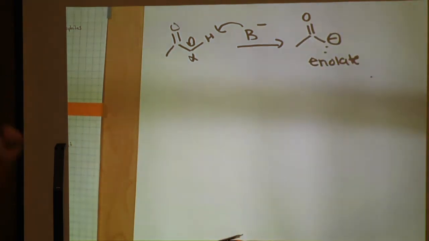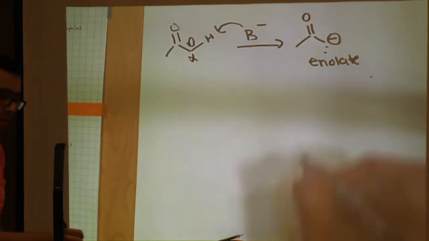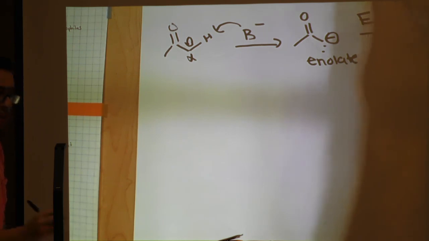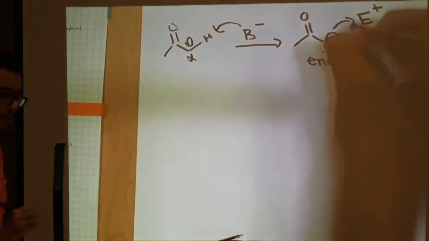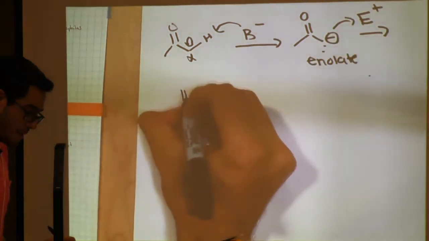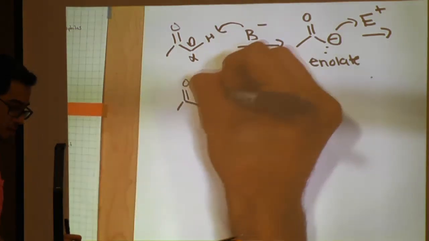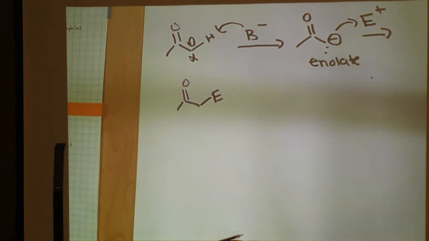Once you create an enolate, all reactions just have an electrophile, and you do a nucleophilic attack. That's another way of adding a substituent onto a carbonyl group, through enolate formation.